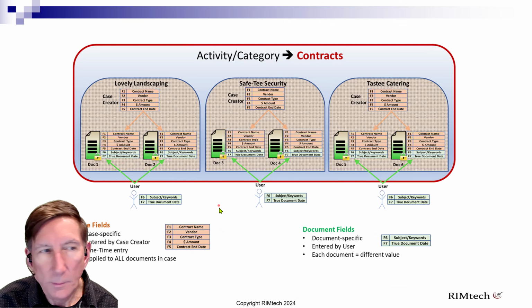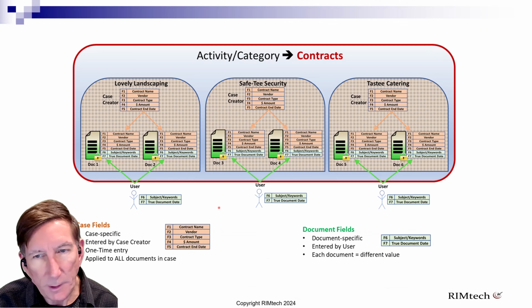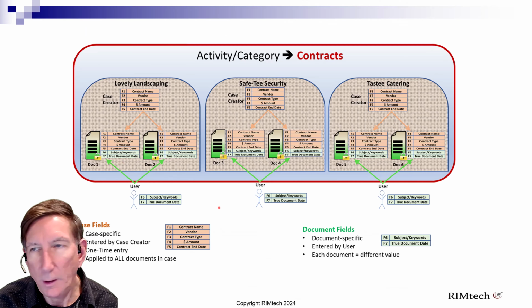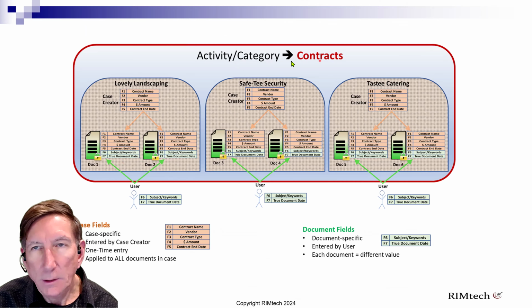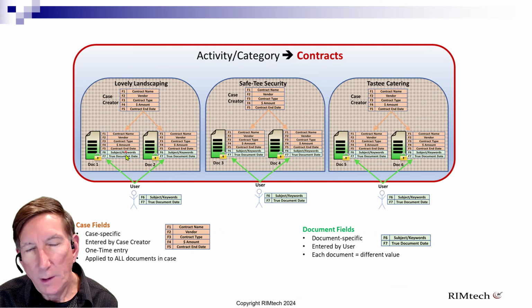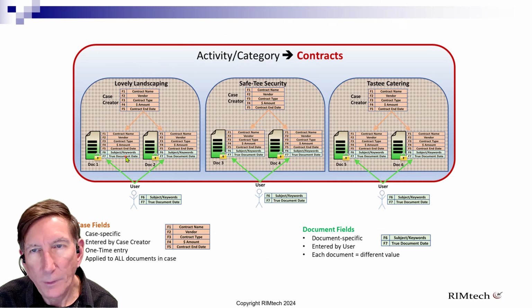So here comes the second explanation. Same thing, but now I'm going to talk SharePoint language, okay? We have one library called contracts. In that library, we have 3 document sets, one for lovely landscaping, one for safety security, and one for tasty catering, okay? We have 7 columns.